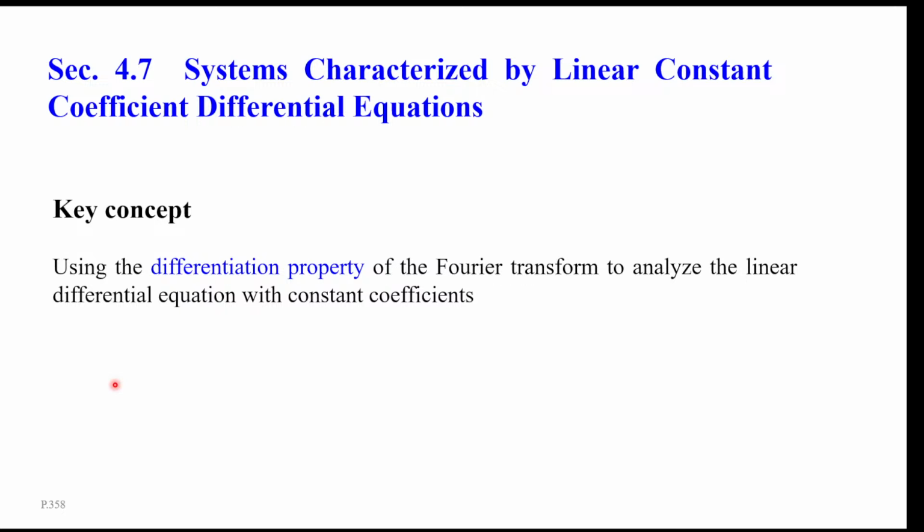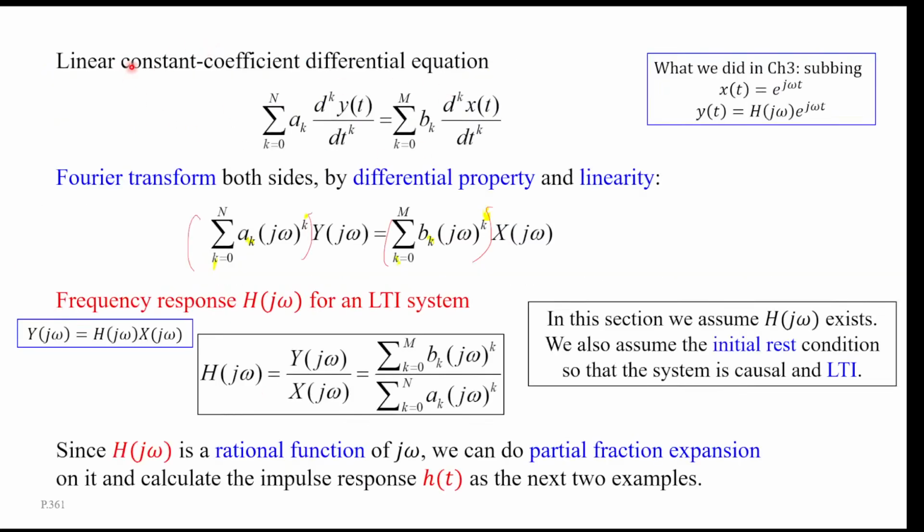An application of the Fourier transform is solving differential equations. A system characterized by a linear constant coefficient differential equation, we can use the Fourier transform to solve. We want to use the differentiation property of the Fourier transform to analyze those equations.